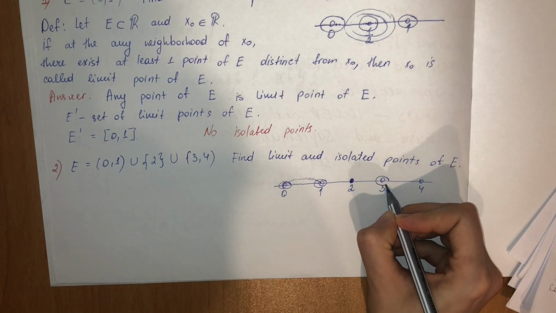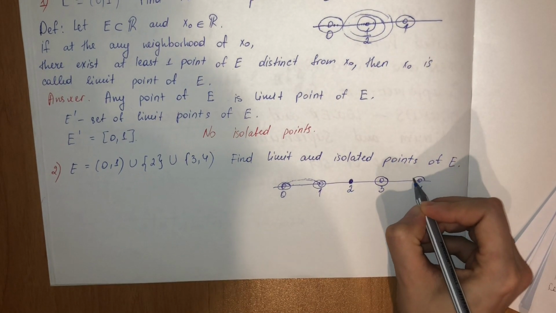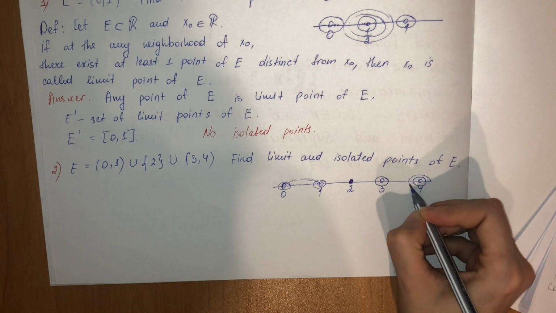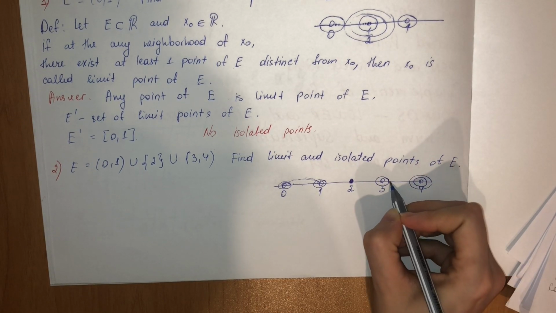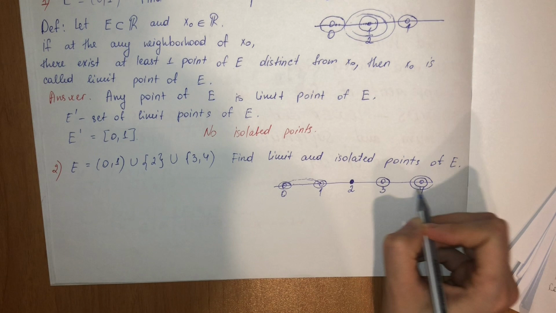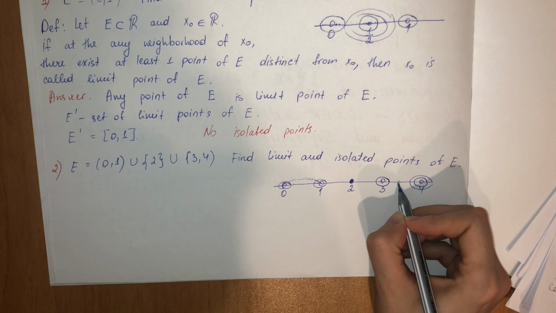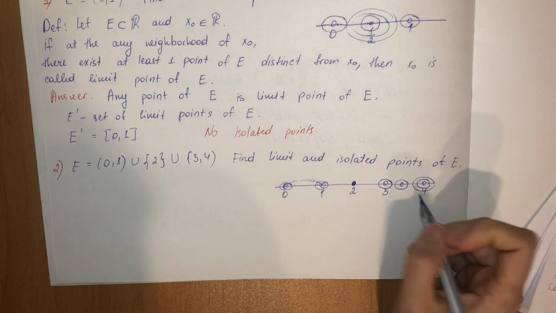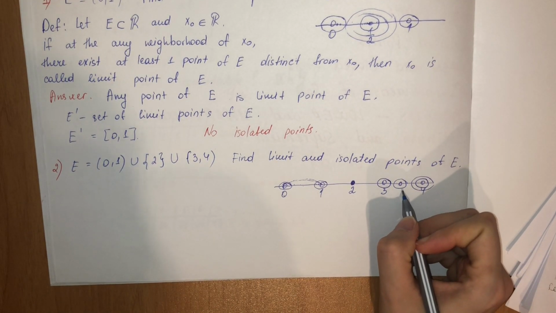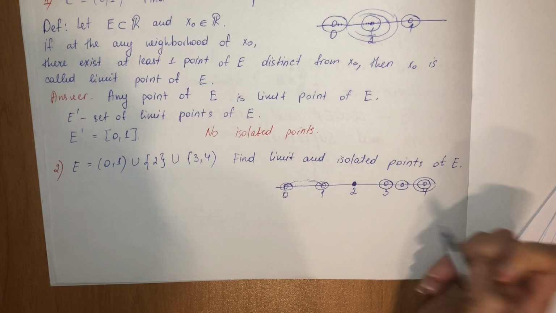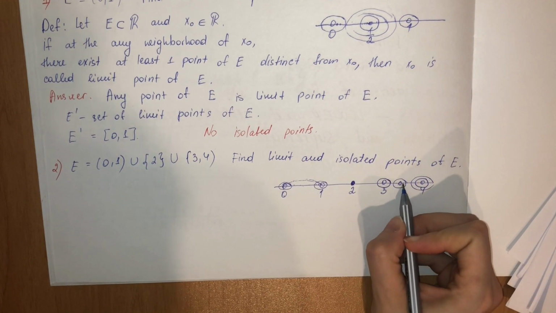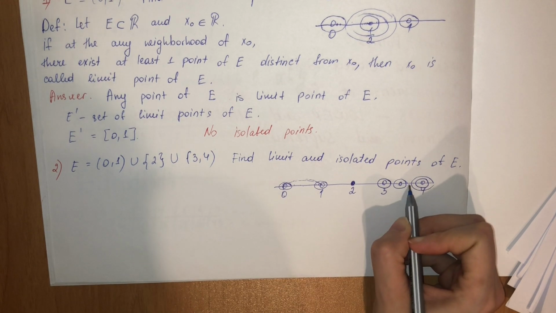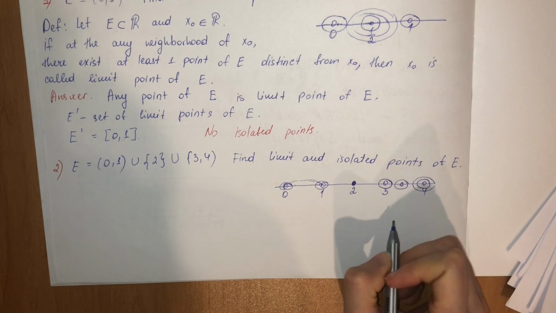We can make a circle around any point inside the open set (3, 4), and we can find a neighborhood that includes at least one point from E distinct from this point.